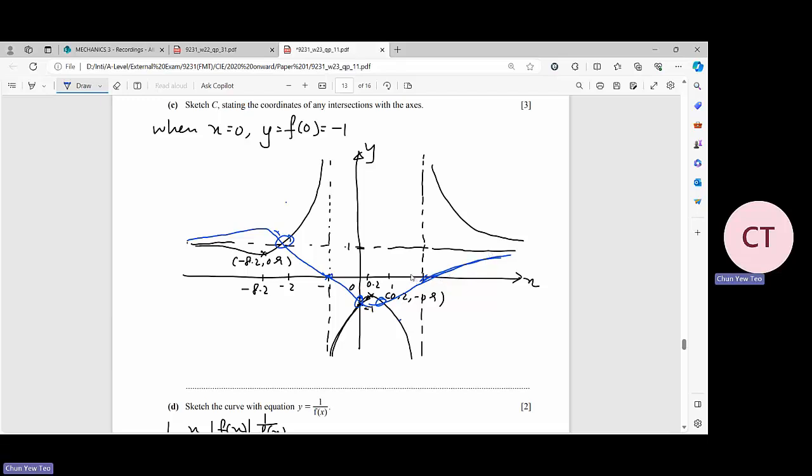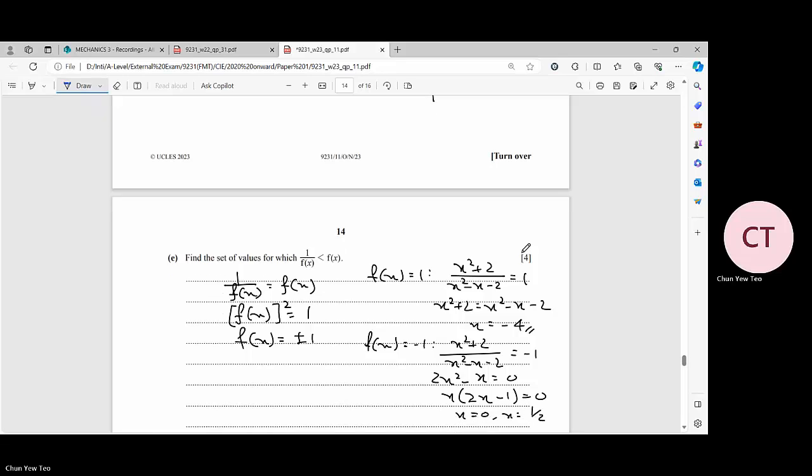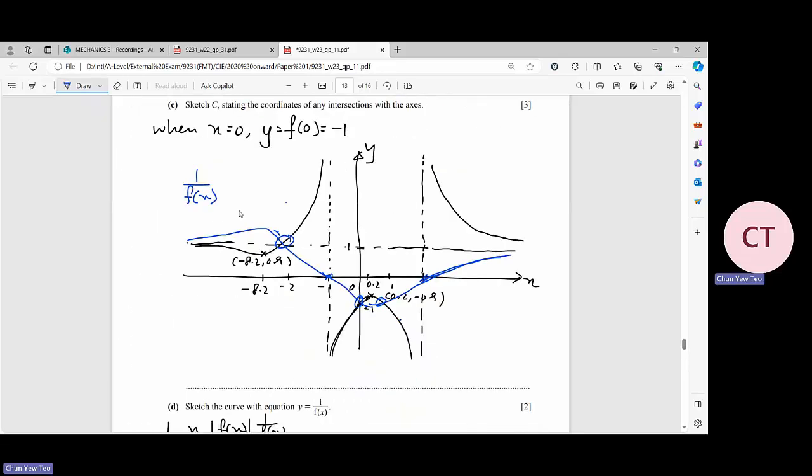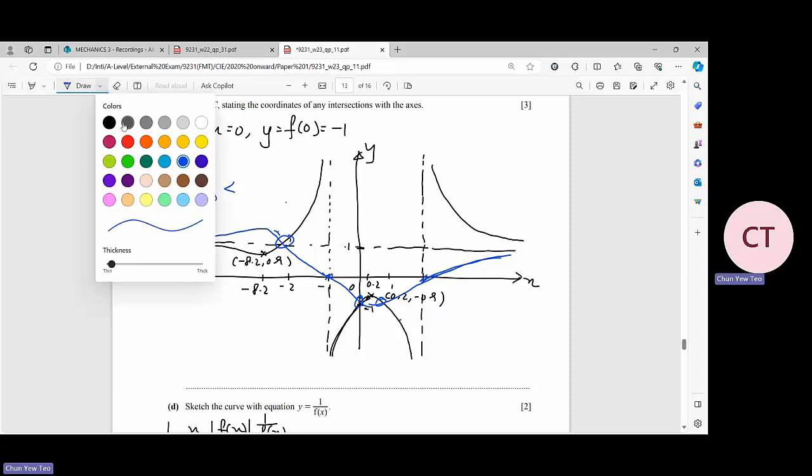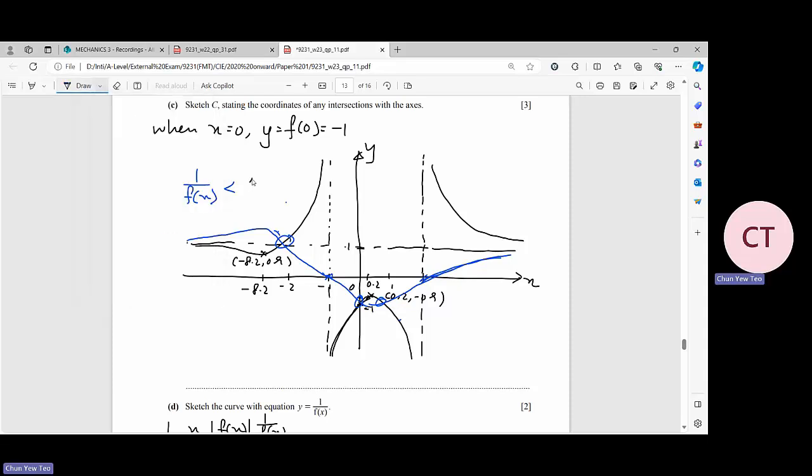So you can see that they actually want the 1 over f(x) to be smaller, less than, below. They want the blue graph to be below the black graph. So the blue graph below the black graph, then your answer will be only this portion, this portion, and this portion. Blue graph is less than the black graph. Okay, so it's over here.